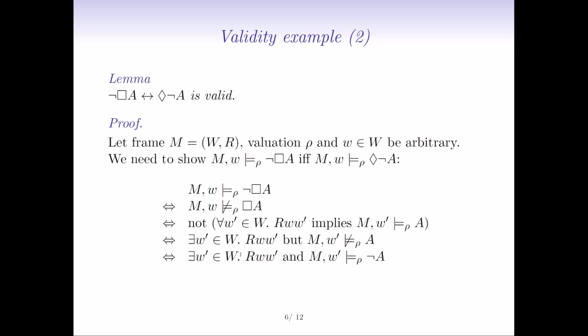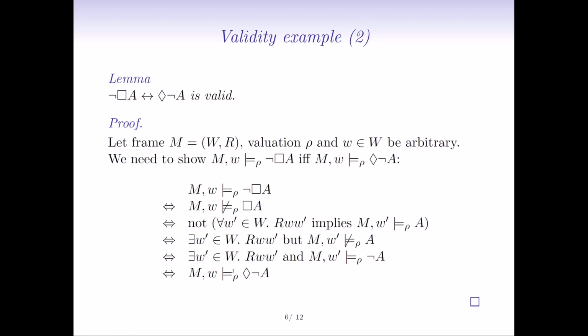I've tried to point out the fact that W prime does not satisfy A, but logically that is exactly the same thing as the negation. So there's an accessible W prime that, by the clause for negation, satisfies the formula not A, because not satisfying A and satisfying not A are exactly the same thing.